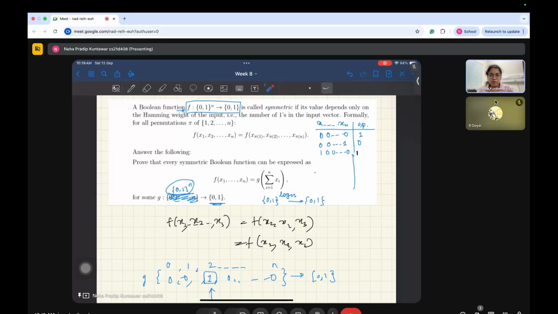Okay, so can we think of something like an induction? If I only take n equal to 1, then f of x1 is equal to the g of x1. This is fine. The g appears to be the same as f. If I pass the value of x1 equal to 1, then the f of x1 is also returning 1 and the g of x1 would also return 1.